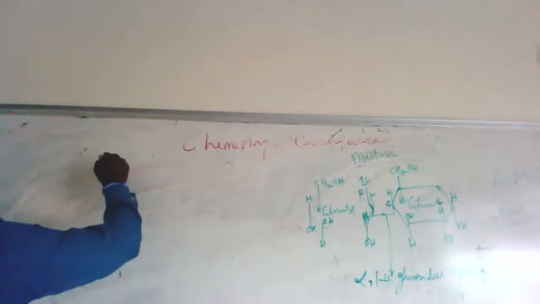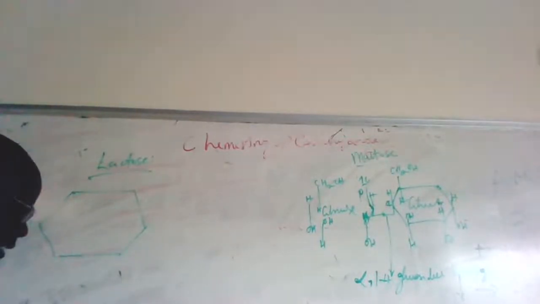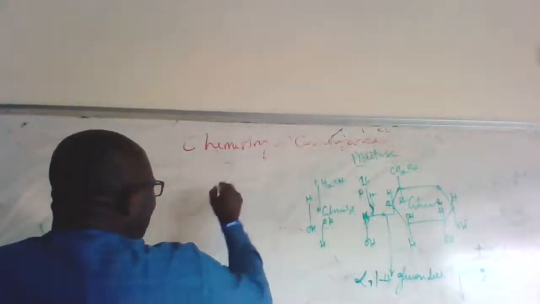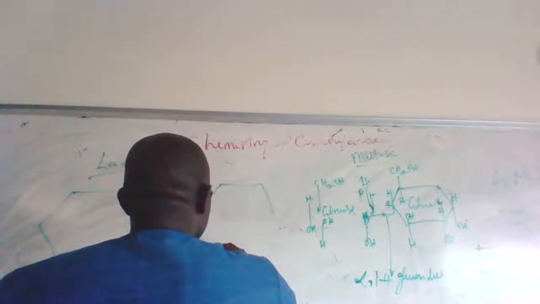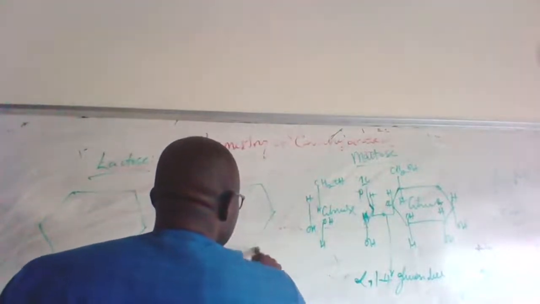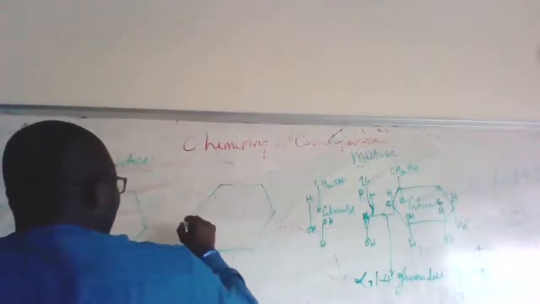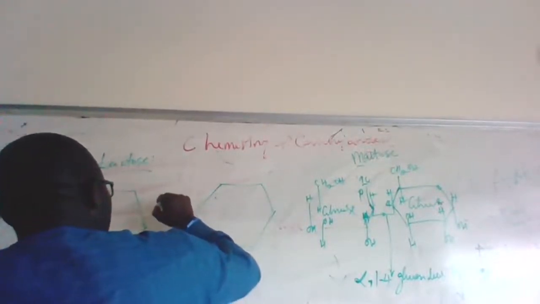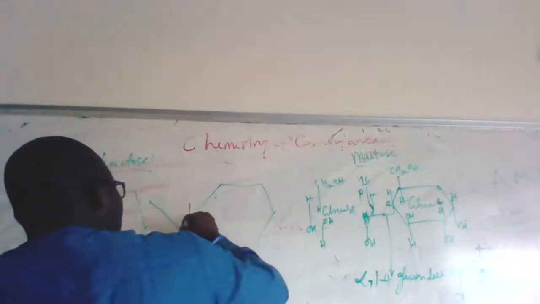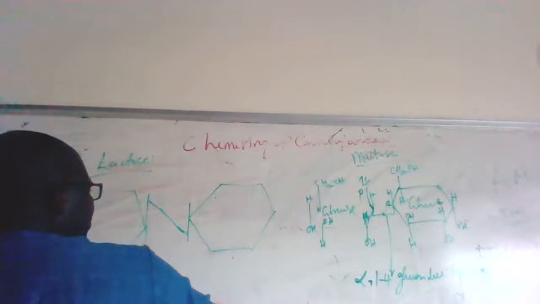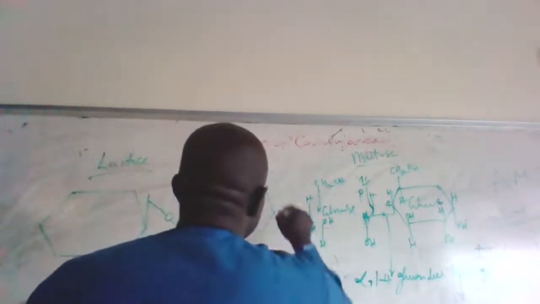We also see a similar combination in lactose. Lactose is formed by the combination of two monosaccharides, glucose and galactose.